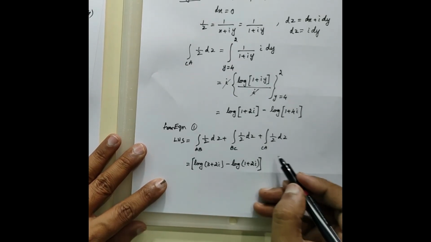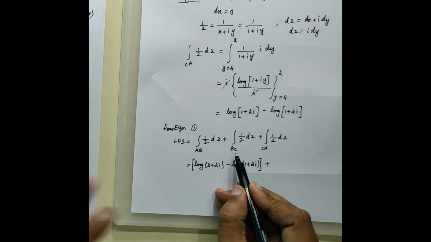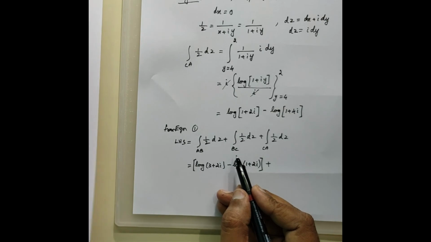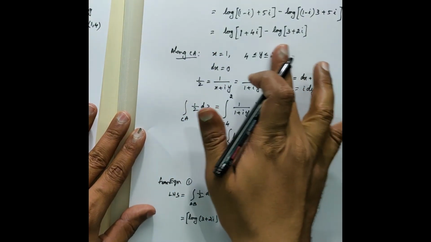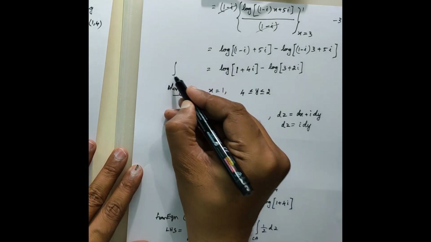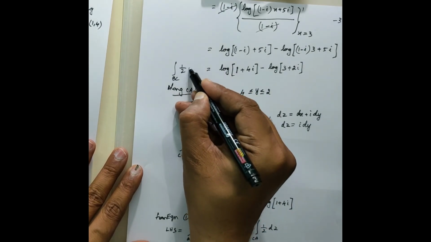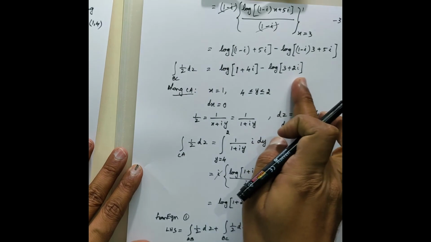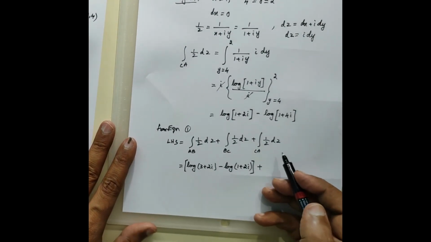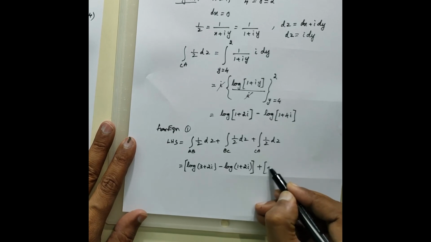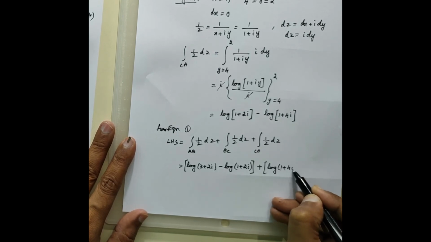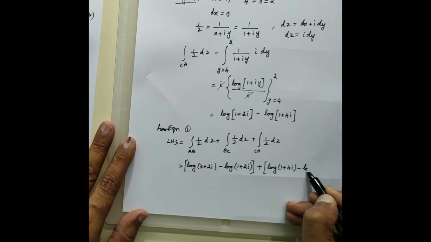Now the integral along BC. You already know the solution that we have got is log of 1 plus 4i minus log of 3 plus 2i. So that is the integral along BC of 1 by z dz. So we'll plug in that value: log of 1 plus 4i minus log of 3 plus 2i.